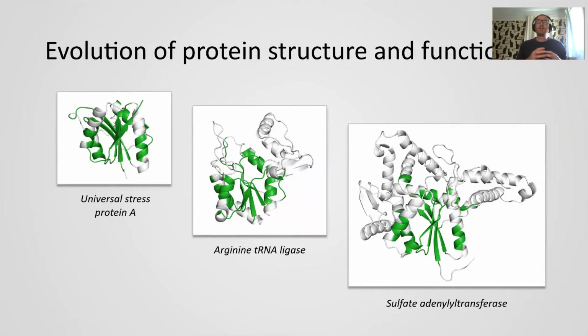Just to give an idea of what that looks like, these are three example structures from a given superfamily in CATH, and that contains some diversity. The ancient, conserved core can be seen highlighted in green, and this is the same right the way through these structures, and that's essentially what brings them together into the same superfamily. But you can also see that there are some structural embellishments around that core, and those embellishments also make changes to the function.